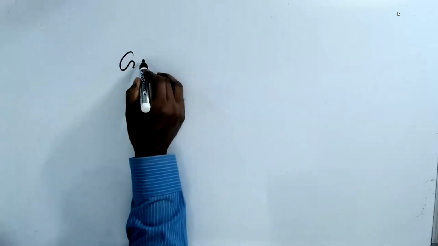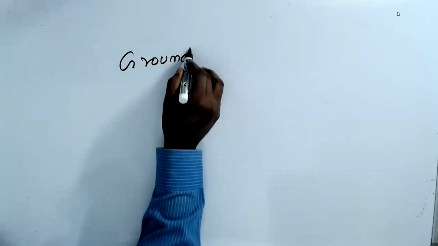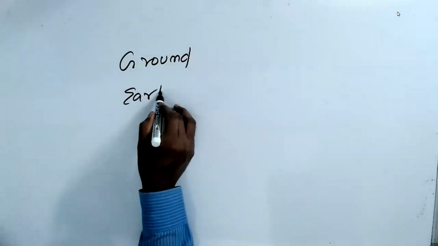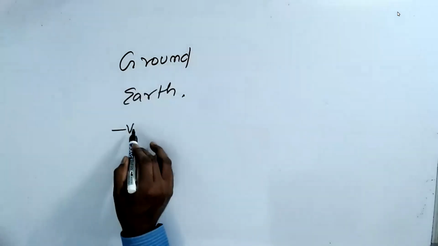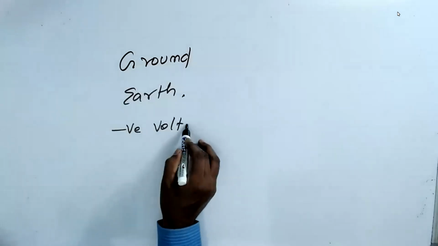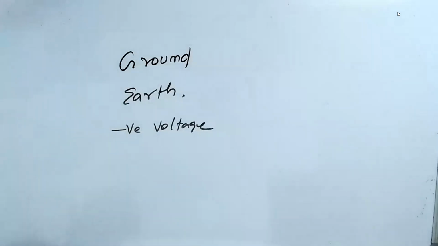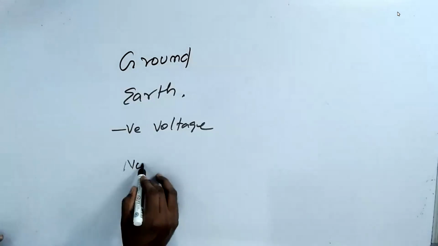Now, we have some small doubts, a lot of things. One is, what is ground? What is earth? What is negative voltage? Sometimes we have what is called no voltage.